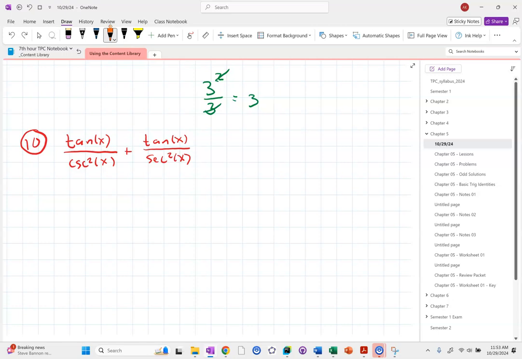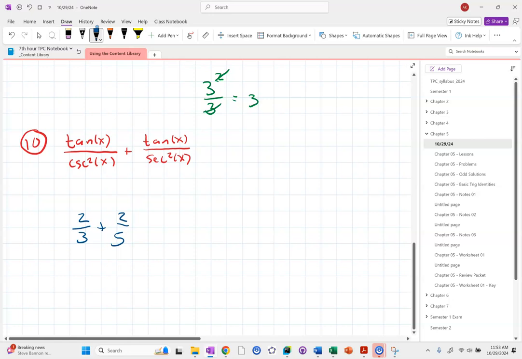Let's think about this another way then, okay? Let's say that we just have 2/3 plus 2/5. If I asked you to do this problem, what would you need to do first? Great. Let's do the same thing up here, okay? What would your common denominator be?